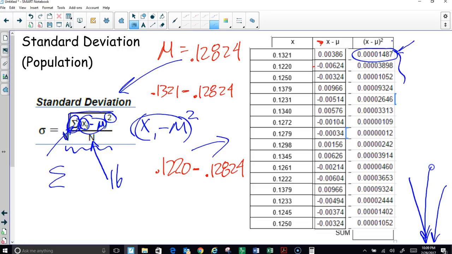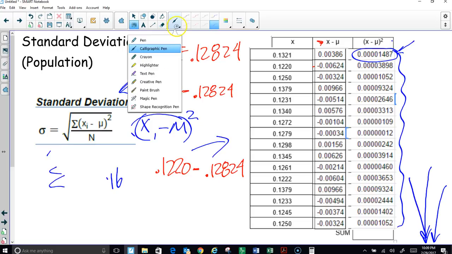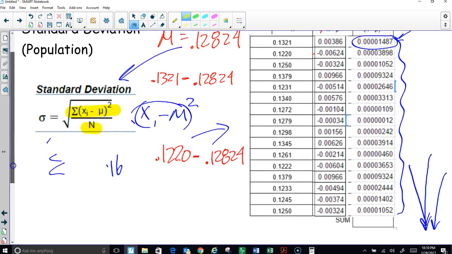So you're going to add up all of these numbers, and after you add them up, that will give you this. Then you'll have to divide by the number of numbers, which is still 16 in this case. And then we'll take the square root. So let's find that sum, shall we?